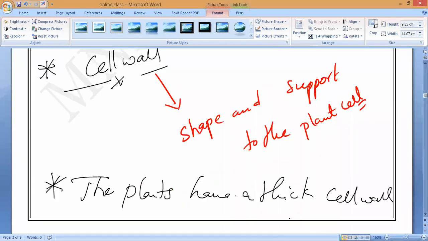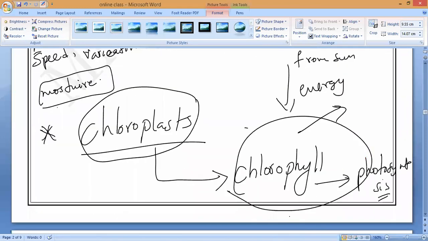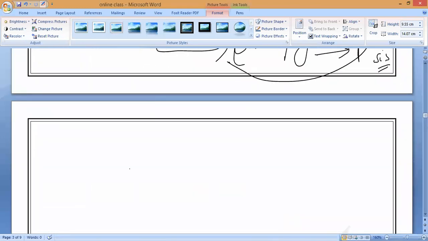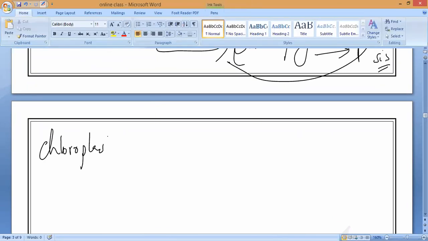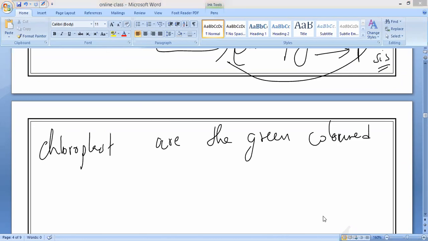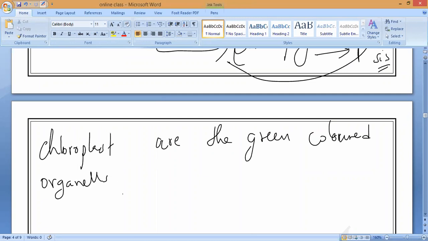Chloroplasts are the green colored organelles present in the cytoplasm of a plant cell. Where are they present?